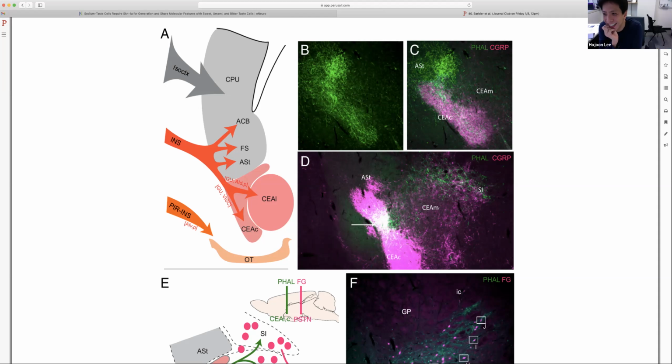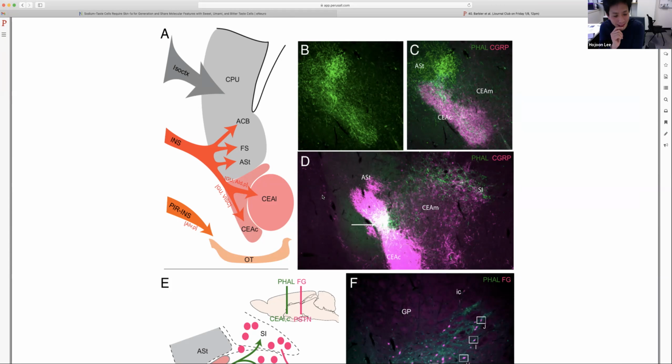I found some of these acronyms though. INS also innervates the CEAC, the caudal part of the CEA, and the CEAL, which is the lateral part. And what's the CEA? That's the one acronym I didn't find. I can find it for you though.